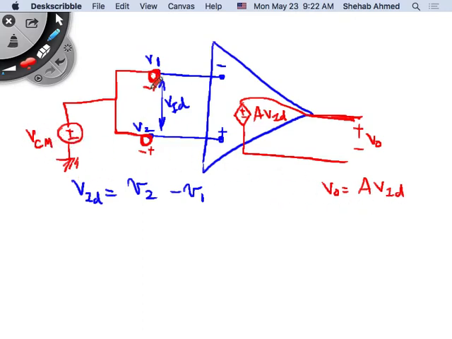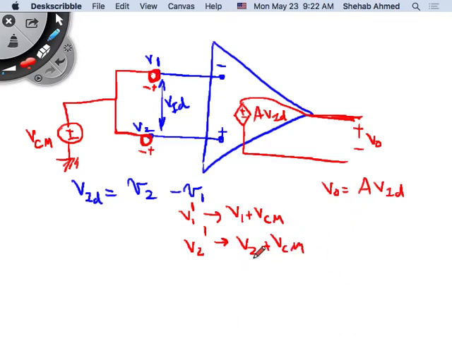So even though this terminal sees V1 plus VCM, this is the new V1, V1 prime, and V2 prime is the old V2 plus this VCM.